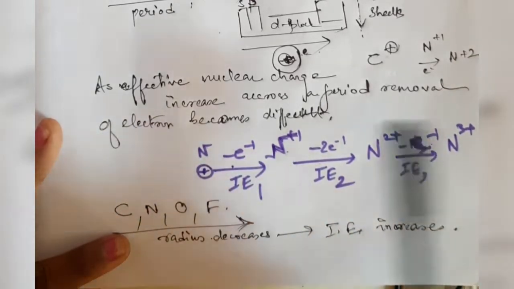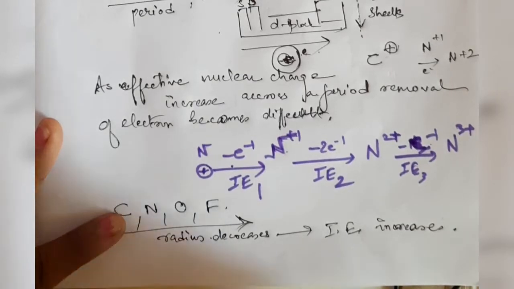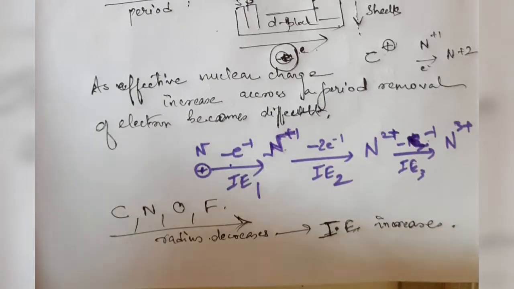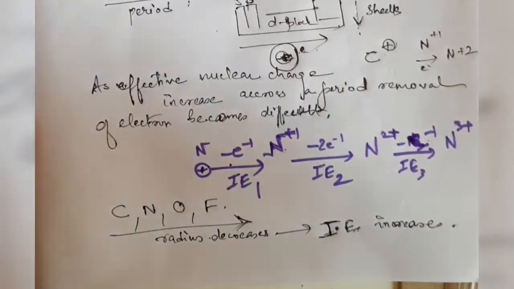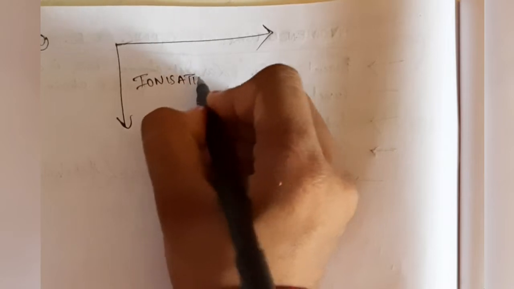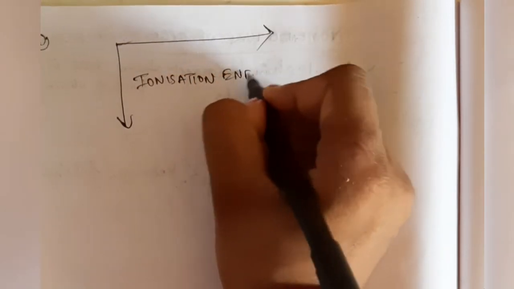That means the tendency to lose an electron decreases, and hence to remove an electron you will require more energy. So the variation of ionization energy shows the following trend in the periodic table. This way it increases and this way it decreases. This is the graph.